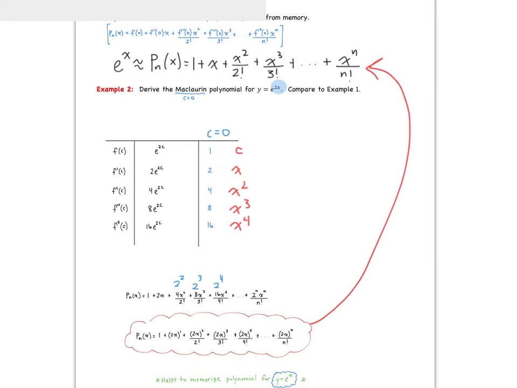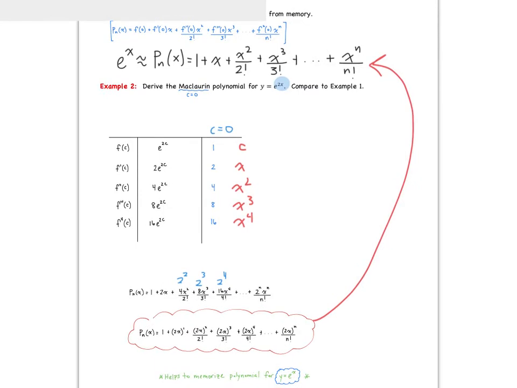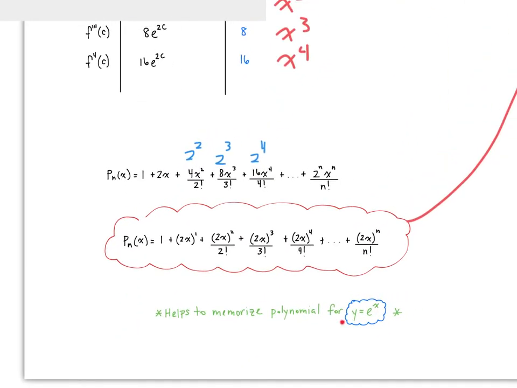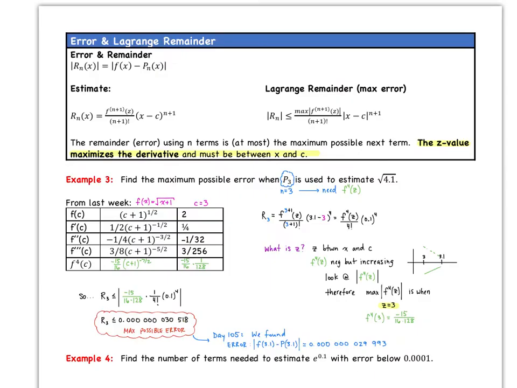We just noticed that the power is really all that's different within our polynomial. As I mentioned, it certainly does help to memorize the polynomial for y equals e to the x, among other ones. And as we get to them, I will say, hey, let's memorize those. In the meantime, let's go ahead and focus more on error.